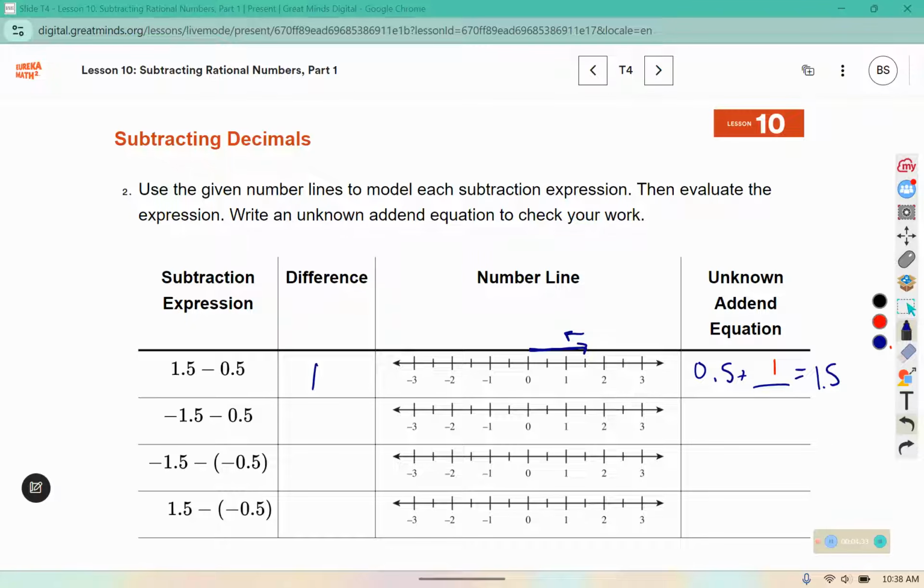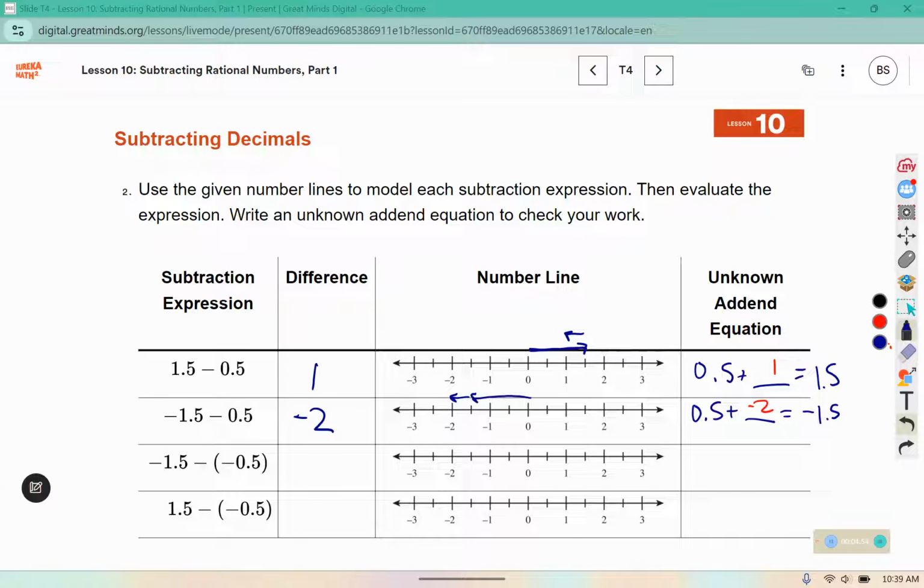Now I have negative 1.5 minus a half puts me at negative 2. This should say a half plus something is negative 1.5, and that would be negative 2.